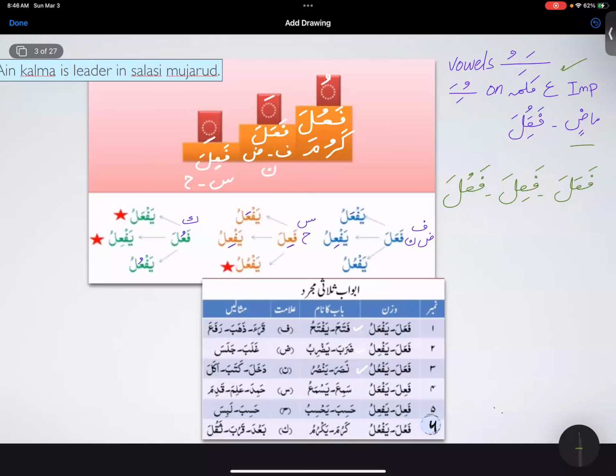Right? So these are the three variations we can have. And we know with fa'ala, right, we have bab fataha. Then we have bab daraba, and then we have bab nasara. Right? Do we have anything with fa'ila?